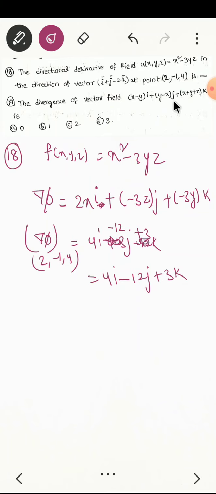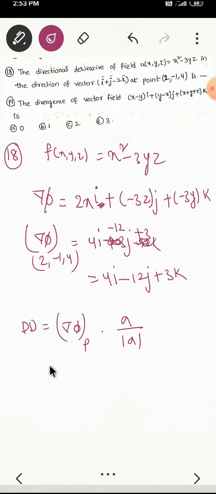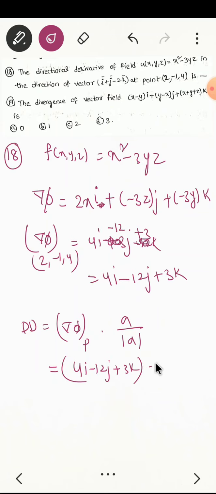Then after getting del phi, the directional derivative is equal to del phi at the point dot a by mod a. So del phi at the point is 4i minus 12j plus 3k dot a by mod a. A is how much? i plus j minus 2k, because here you can see in the direction of this will be the a, and mod a is root over 1 square plus 1 square plus minus 2 whole square.